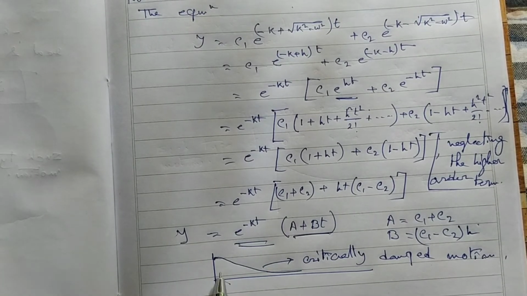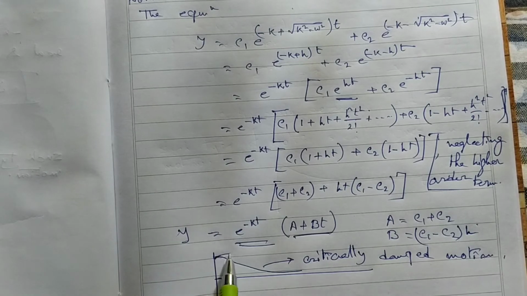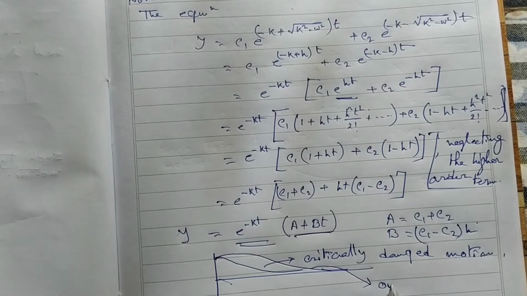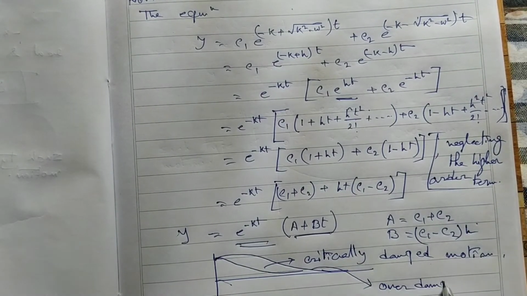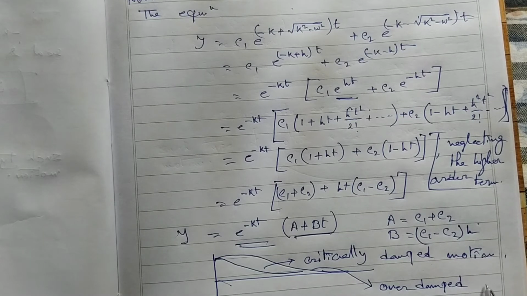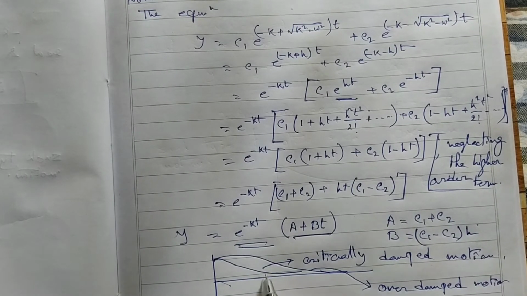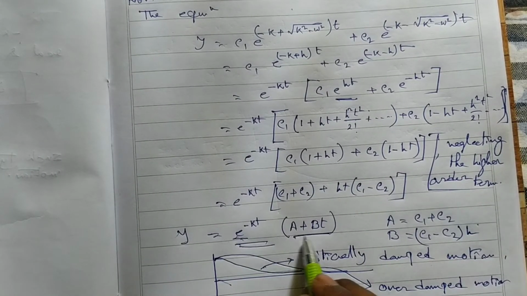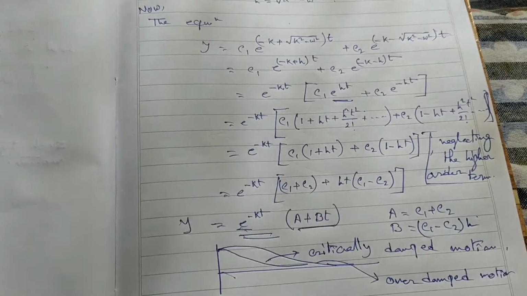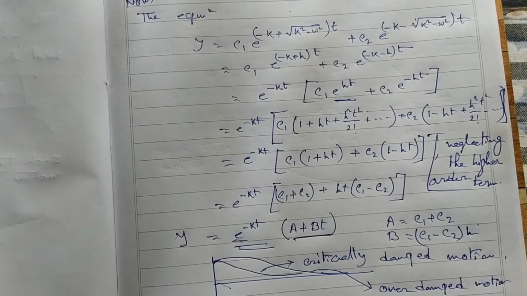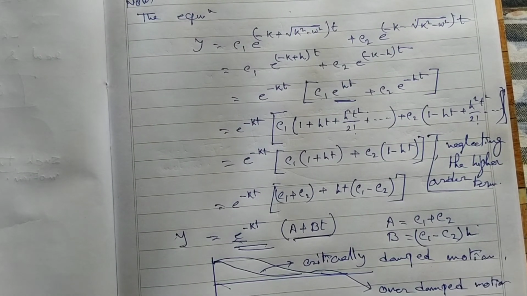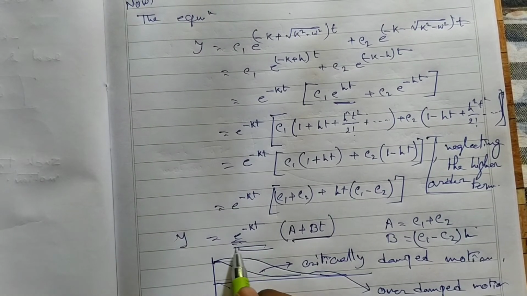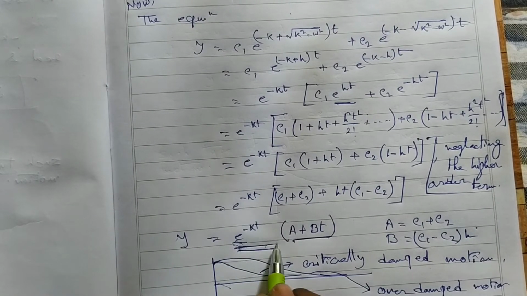So you obviously think, what is the difference between the overdamped and the critically damped? Overdamped is actually like that. This one is called overdamped, and this one is the critical one. Because the negative term and the positive term both are included in the case, this one decreases rapidly.